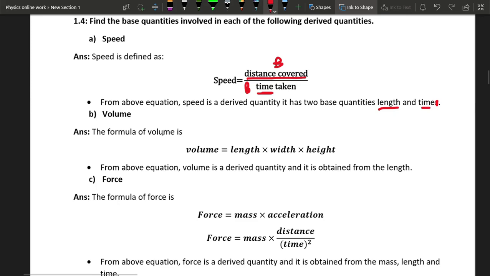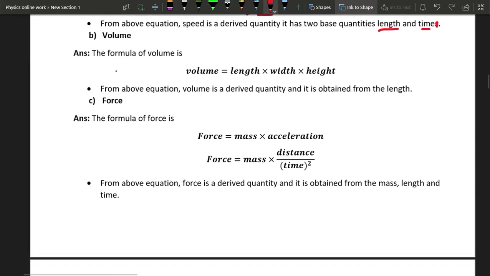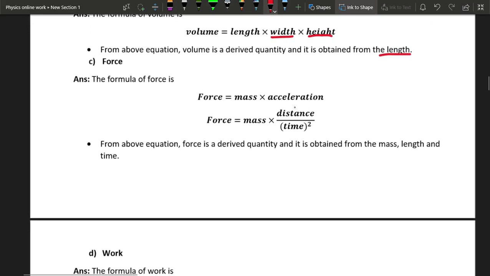Okay. Now volume is defined as volume equal to length into width into height. Now width is also a length between 2 points and height is also a length. So it means that volume is a derived quantity and it is obtained by multiplication of a length. Now what is force? Force is defined as mass into acceleration. We know that mass is a base quantity while acceleration is not a base quantity, it is a derived quantity.